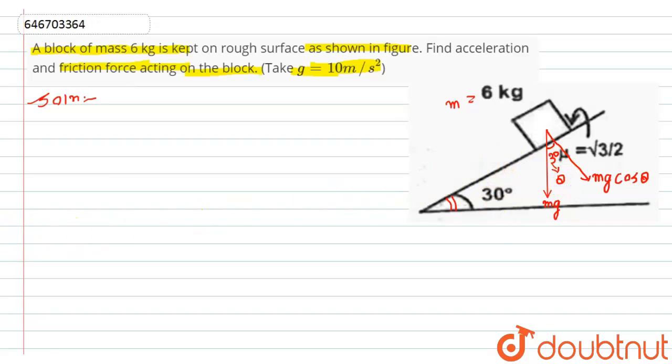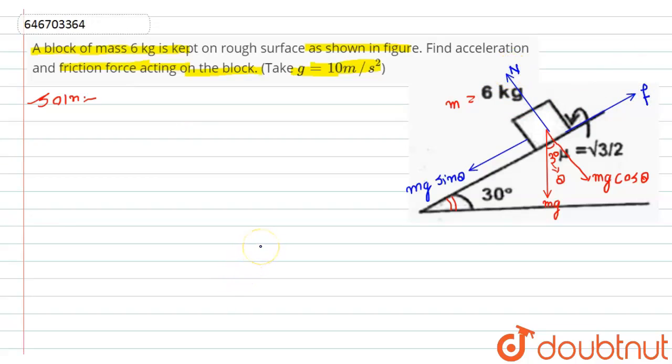Similarly, the other component will be along the inclined surface, given by mg sin theta. The normal reaction will be in the upward direction, and the frictional force will be in this direction. Let's say the frictional force is F and the normal reaction is N.